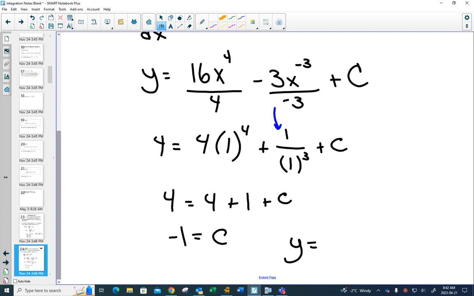So our final equation, 4x to the 4 plus 1 over x cubed minus 1.